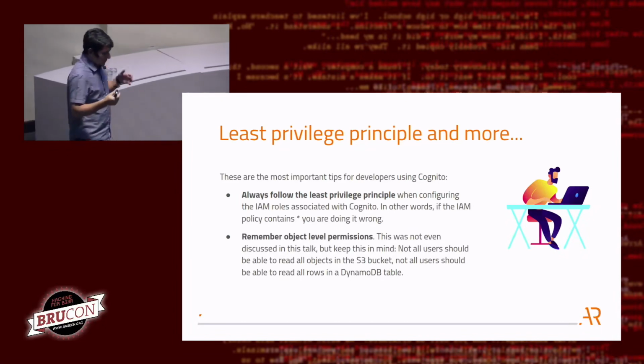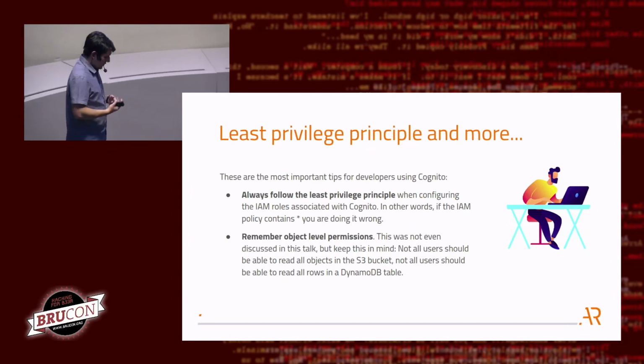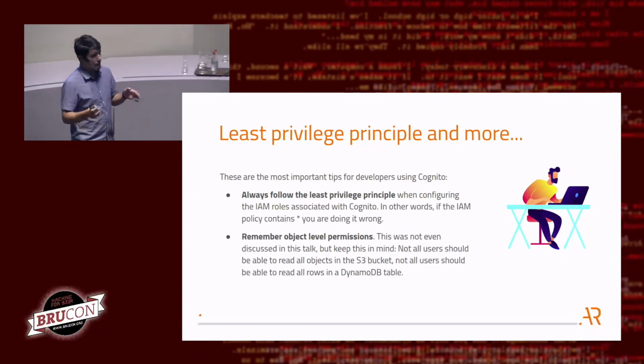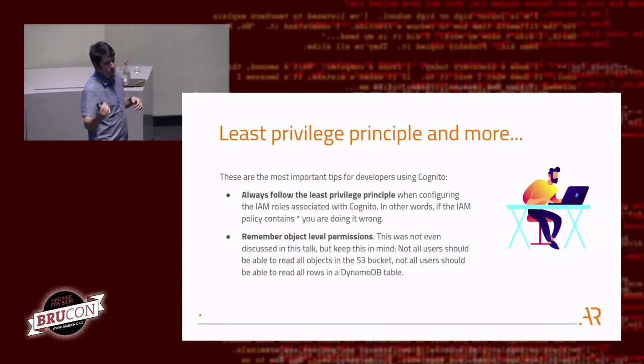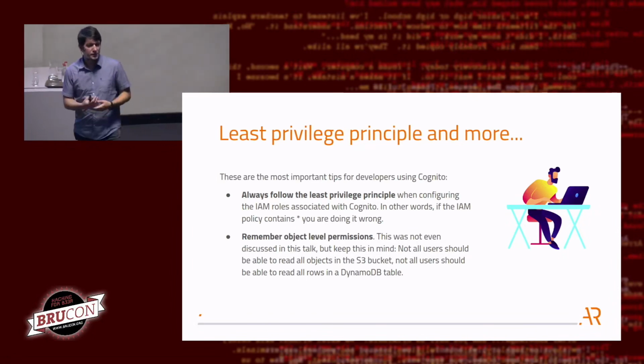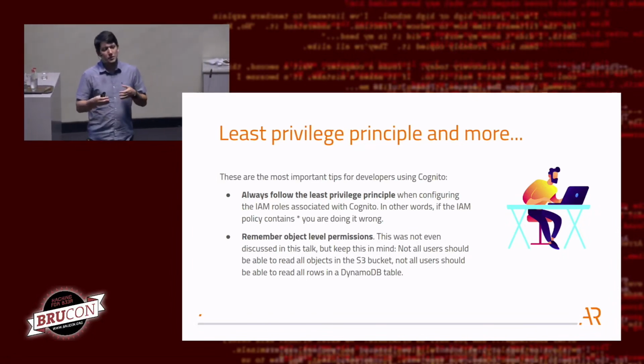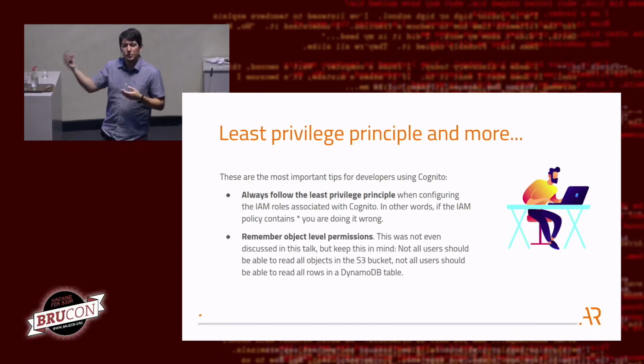I never even attempted to test for the security of object-level permissions, because in an automated way, it's impossible. But you, as a developer, need to understand this and need to properly implement it.